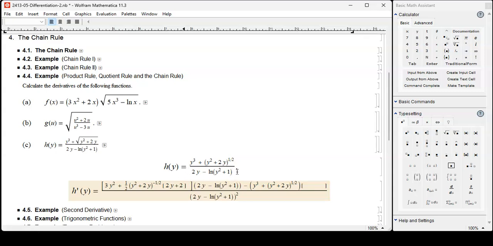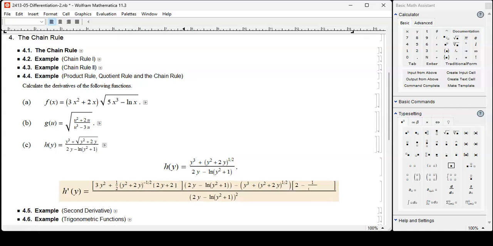Okay, next, let's take the derivative of this denominator. Derivative of 2y is just 2, no problem there. And then the derivative of a log function, 1 over the inside. And then we have to multiply the derivative of the inside.